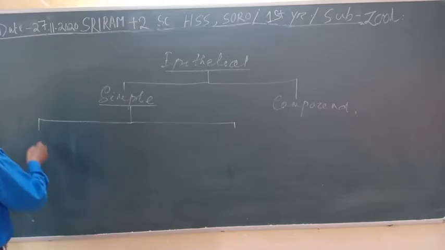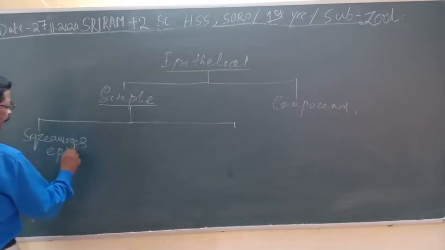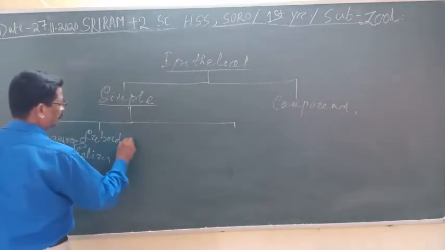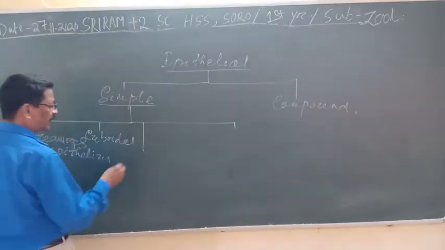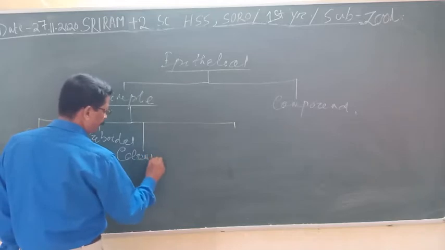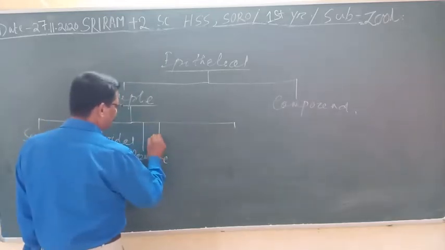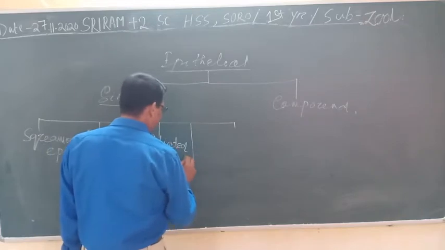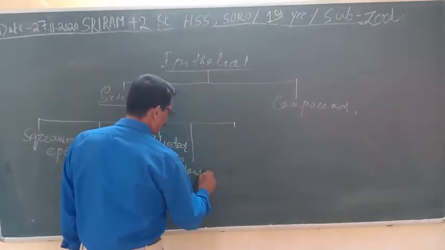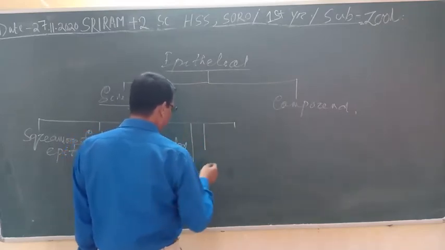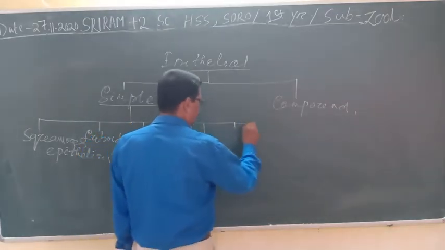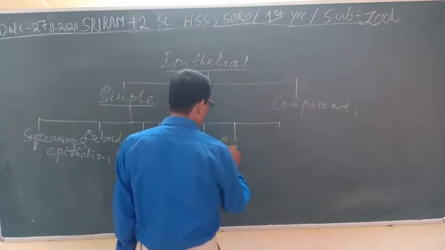At first we discussed the squamous epithelium, then the cuboidal epithelium, then the third one, the columnar epithelium, then the fourth one, the ciliated epithelium, the fifth one, the glandular epithelium, the sixth one, the sensory epithelium, and the seventh one, the germinal epithelium.